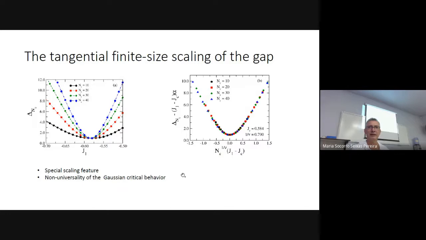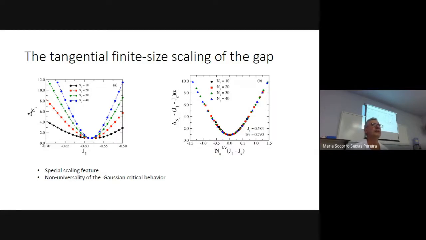But we have noticed that in the literature devoted to numerical studies of these Gaussian critical points, it is usually said that the standard finite size scaling analysis doesn't work well.